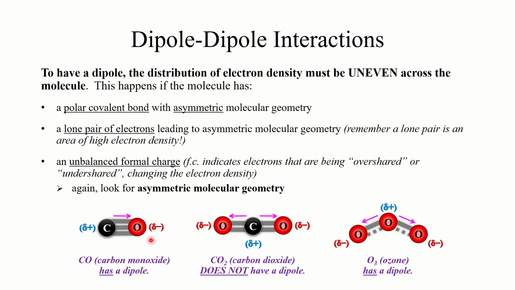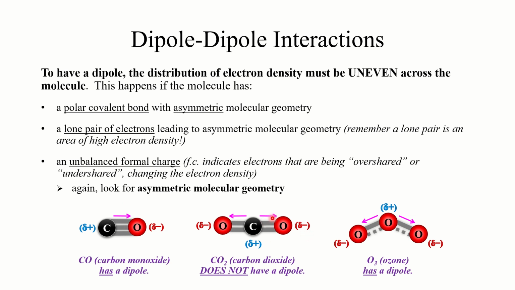It's symmetric because of its linear geometry, but it does have a polar covalent bond here. This triple bond is polar in the direction of oxygen, so partial negative charge on oxygen, partial positive charge on carbon. This molecule has two unbalanced regions of a permanent partial negative and partial positive charge. This molecule does have a dipole. It's a polar molecule. It would experience dipole-dipole interactions.